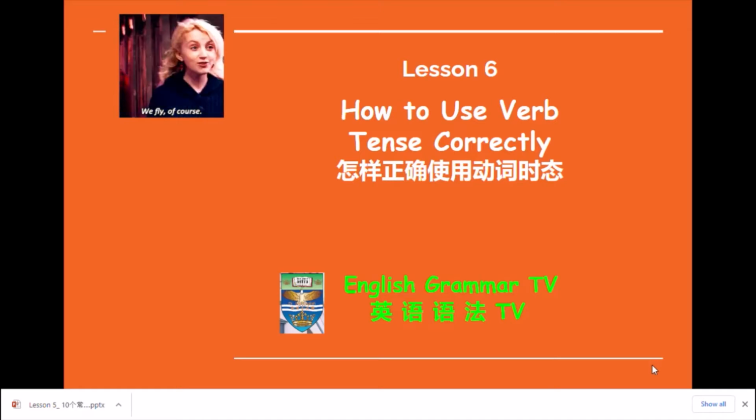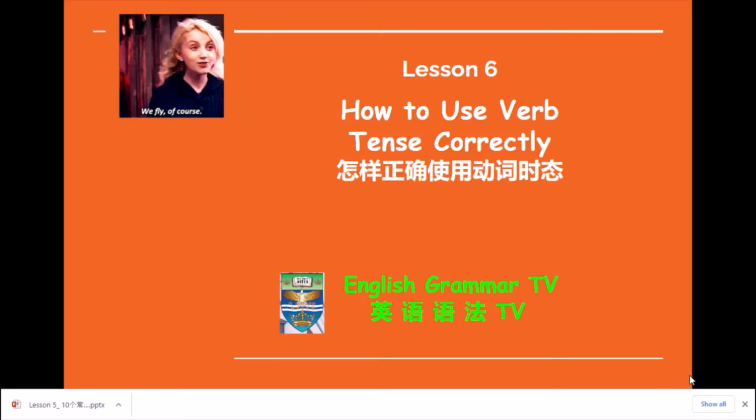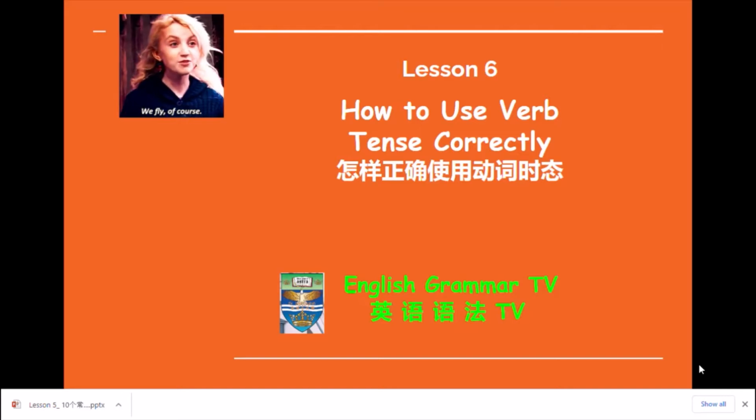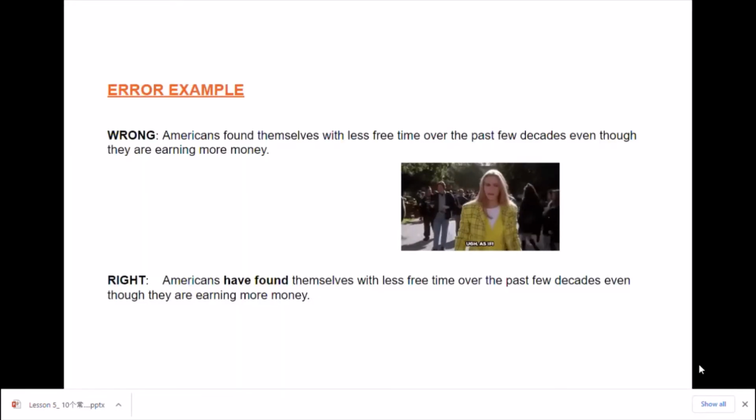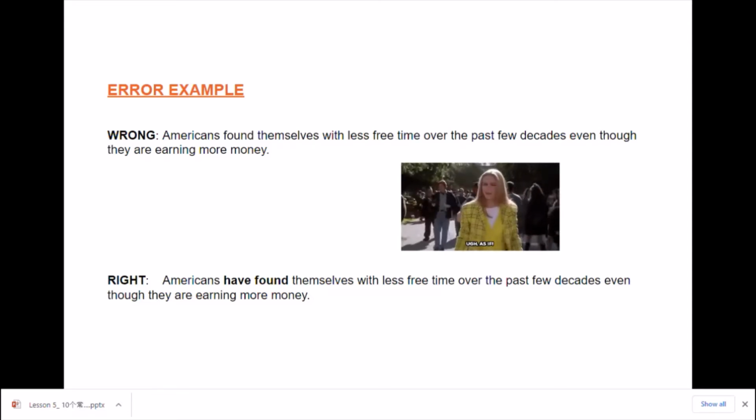Today we'll be studying Lesson 6, How to Use Verb Tense Correctly. First of all, let's look at the error examples because it's very confusing when you are dealing with verb tenses.